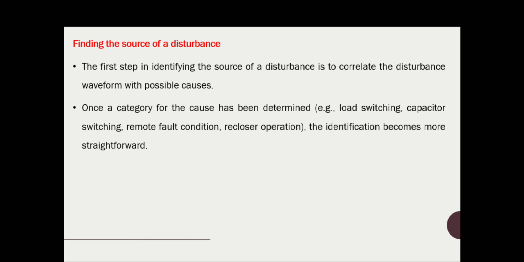One example: a power interruption close to the monitoring location will cause a very abrupt change in the voltage, whereas power interruptions remote from the monitoring location will result in a decaying voltage due to the stored energy in rotating equipment and capacitors. So such guidelines are available before you determine the source of a disturbance.